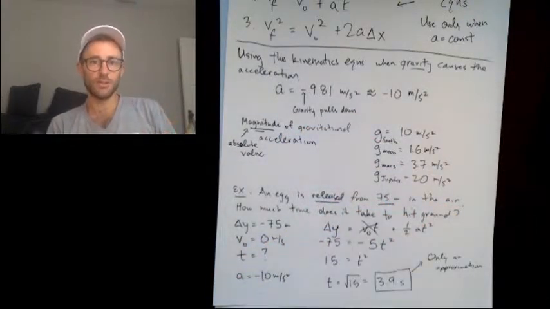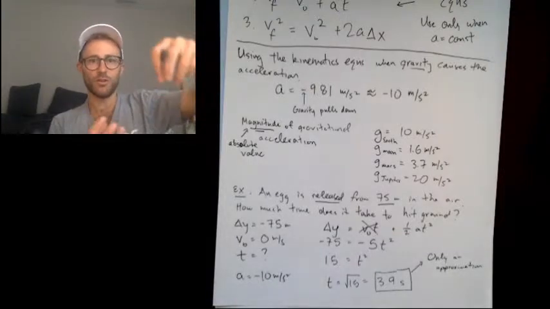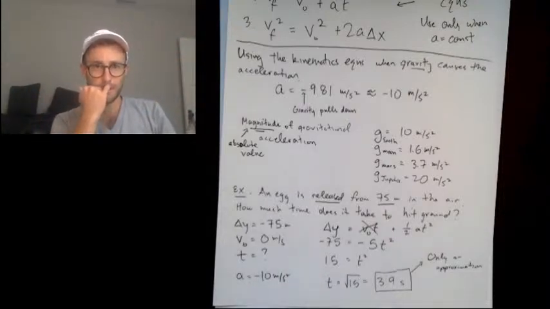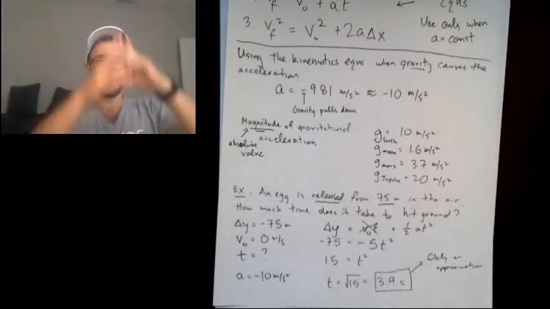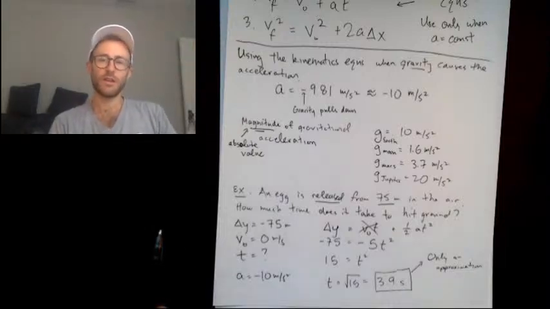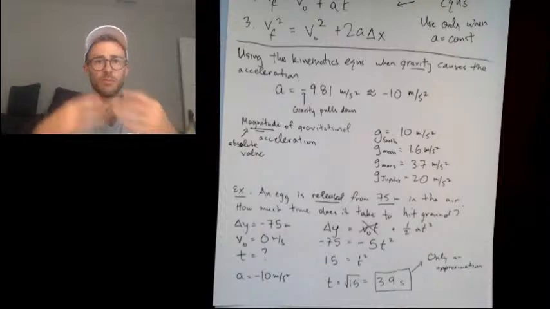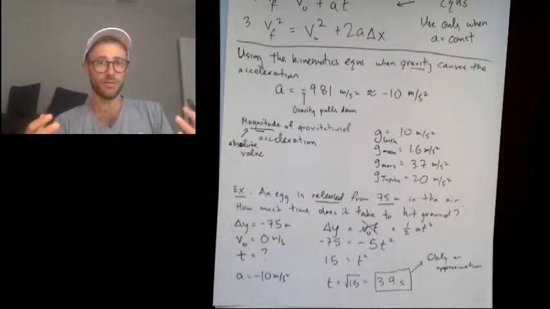Air resistance is going to tend to reduce the acceleration because as the egg falls, it's moving through a fluid. The air is really a fluid that is all around us, and there's resistance to moving through a fluid, so it would actually take slightly more than 3.9 seconds. The higher the speeds involved, the bigger the deviations are going to be.